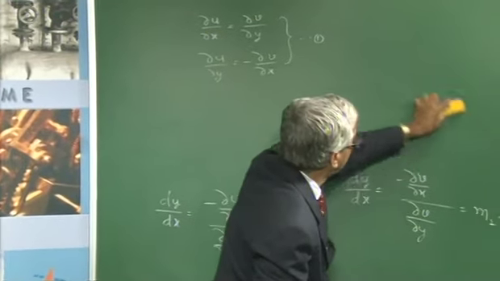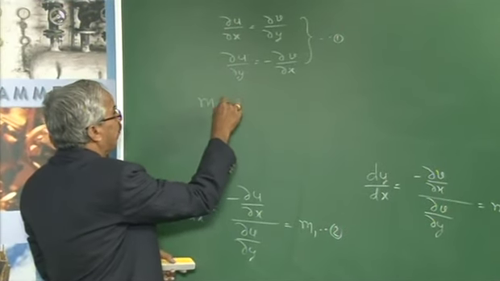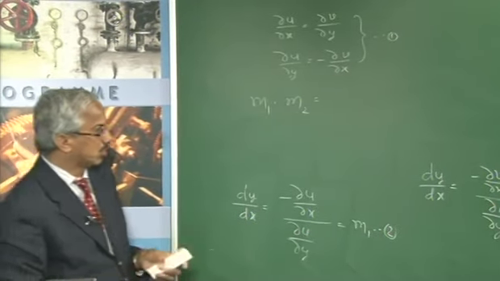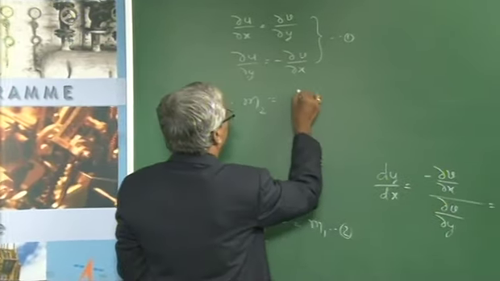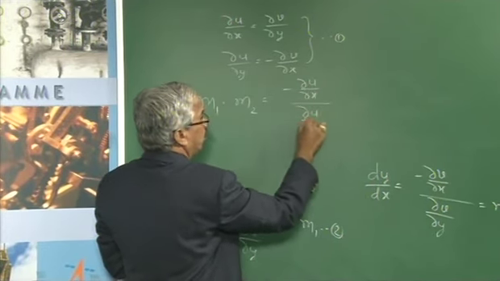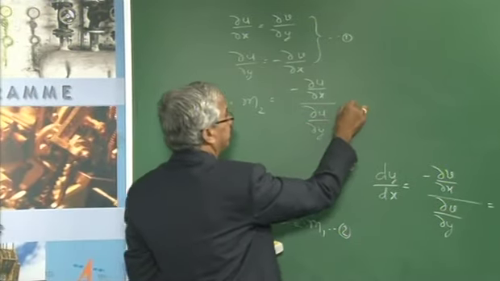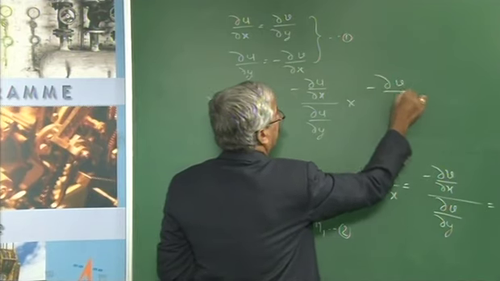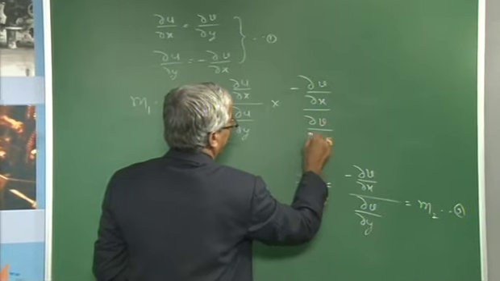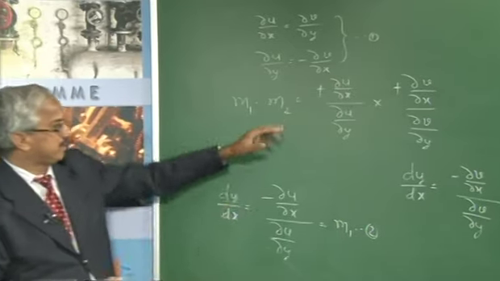From these two results we get the following expression: m1 into m2, the product of these two slopes, is equal to minus dou u by dou x divided by dou u by dou y, multiplied by minus dou v by dou x divided by dou v by dou y. Then minus will become plus because of the product.